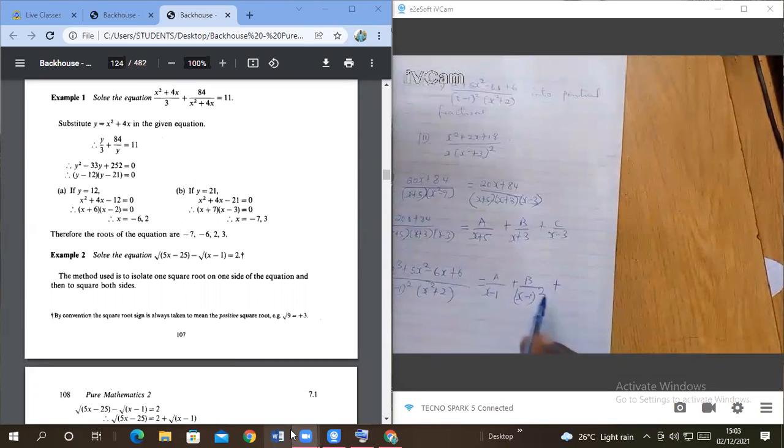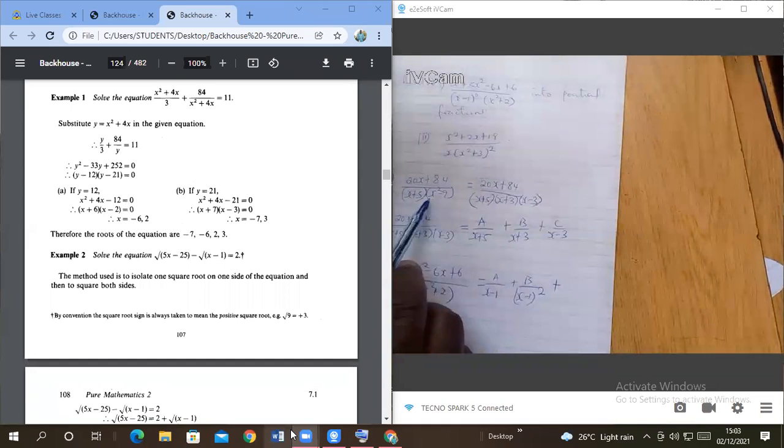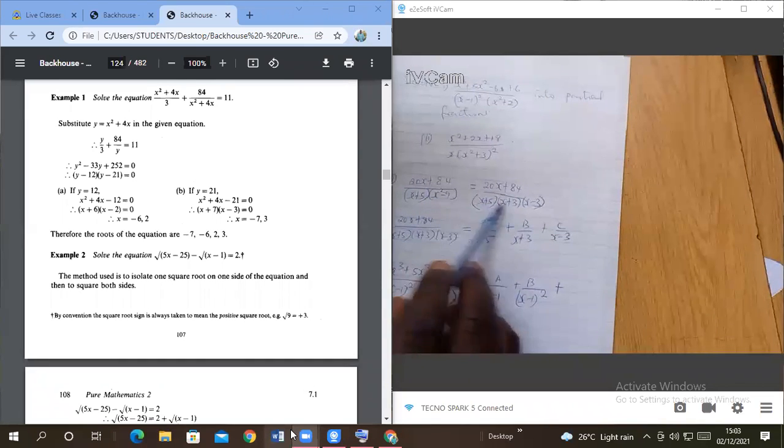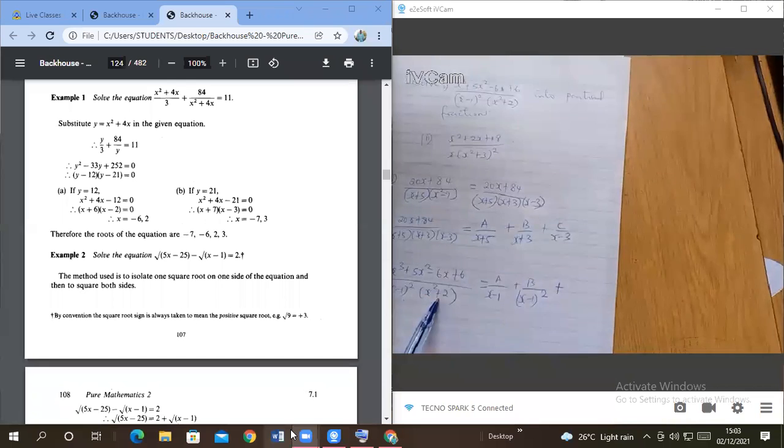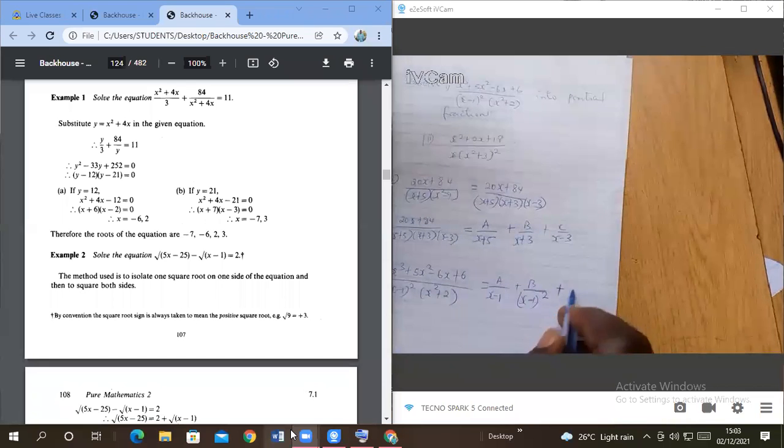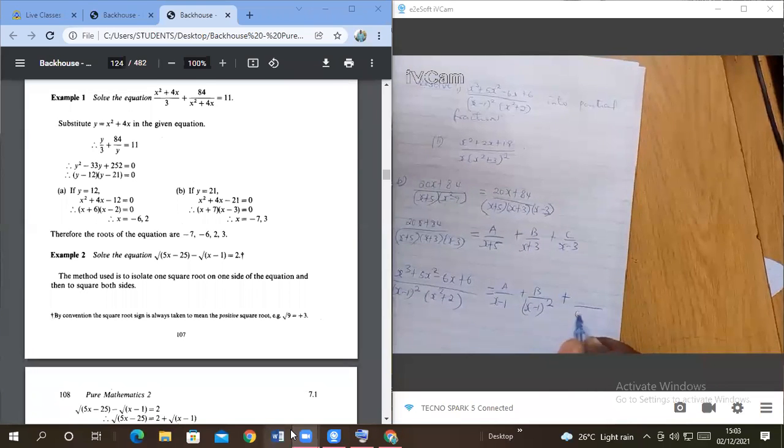But then x squared plus 2 is a quadratic factor which cannot be factorized. Remember, it's different from the x squared minus 9. The x squared minus 9 was quadratic but factorizable. So you go ahead and factorize it so that it becomes a product of 3 linear factors. But this cannot be factorized, so it is treated as a quadratic denominator. So what should be the numerator of this x squared plus 2?